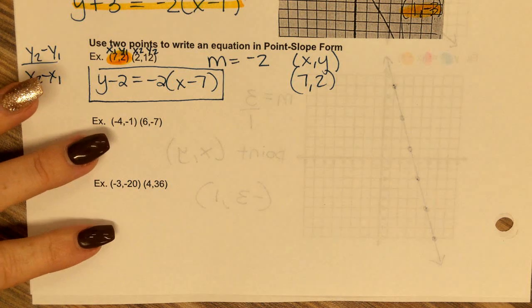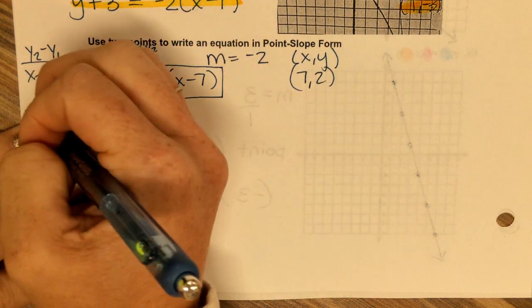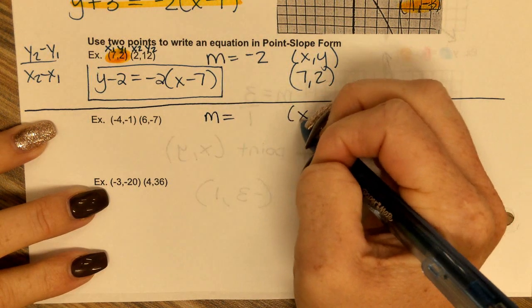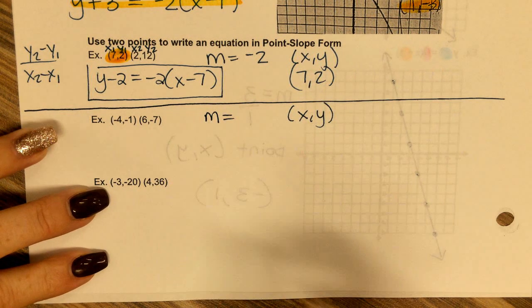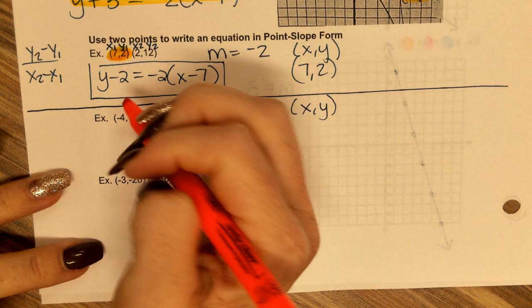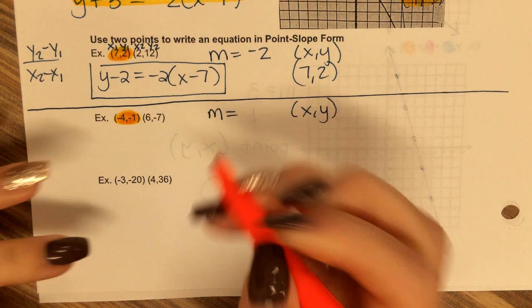Okay, let's do the next one. I need an M and a point. I'm going to let y'all do this one on your own, but let's use the first coordinate as our point, okay?